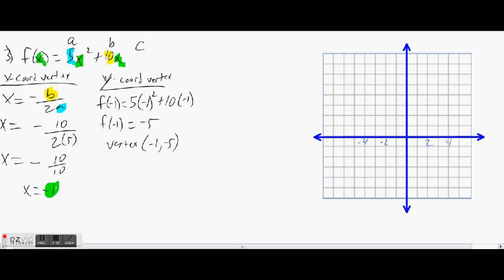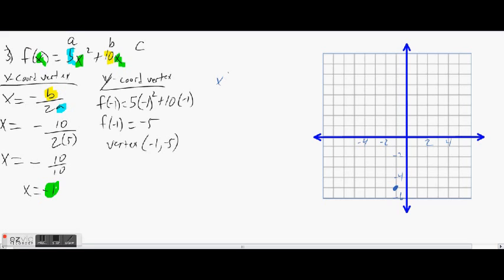And let's see if I went by ones on my y-axis. I'm starting all the way down here at -5, so -4, there's -6. So my vertex is -1, -5. There's my vertex.